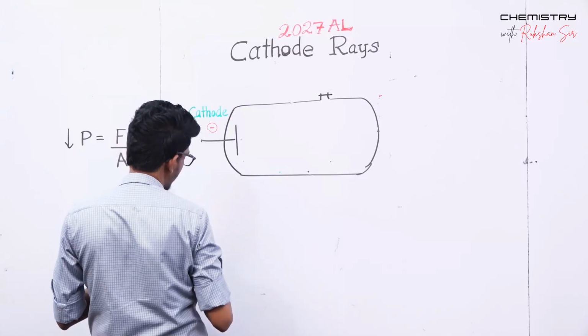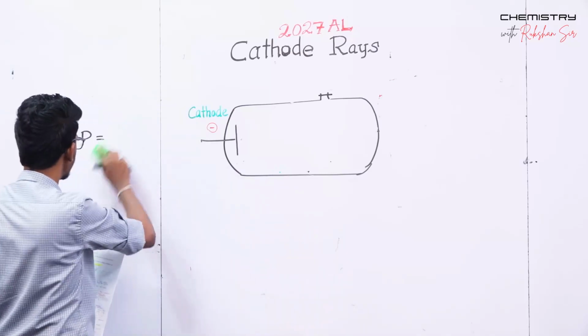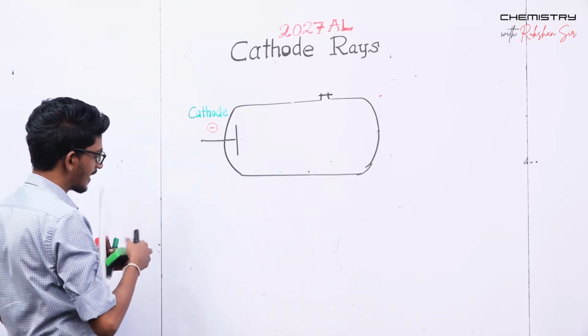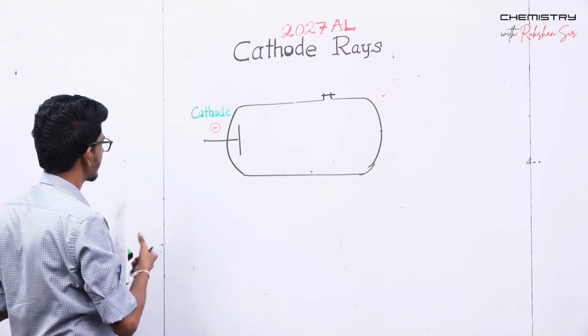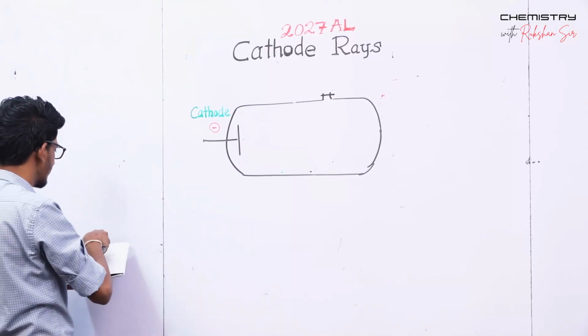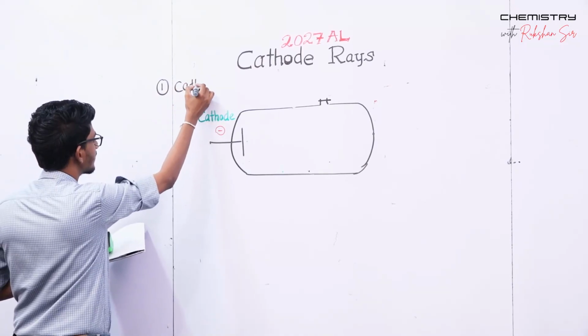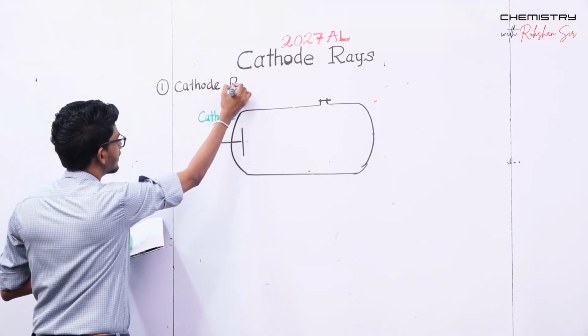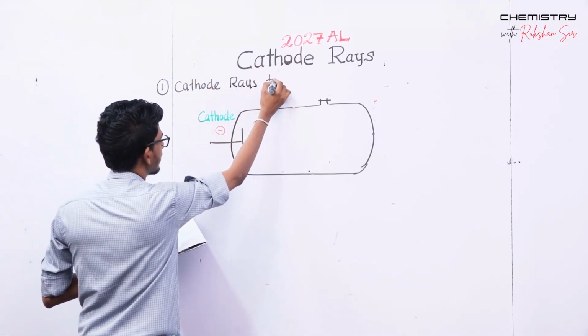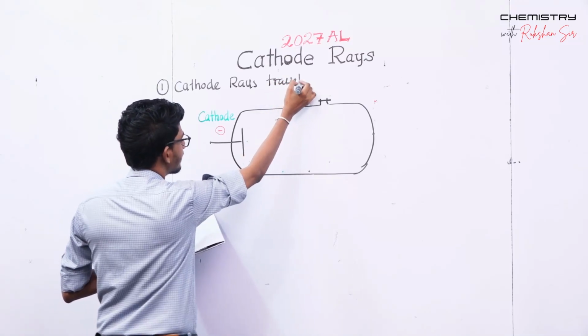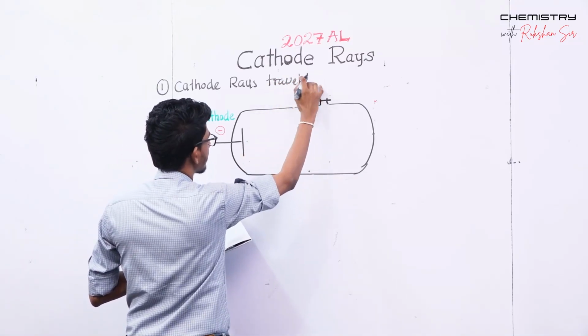So what they have done, to observe the property of cathode rays traveling in straight lines, the first property we are dealing with: cathode rays travel in straight lines.